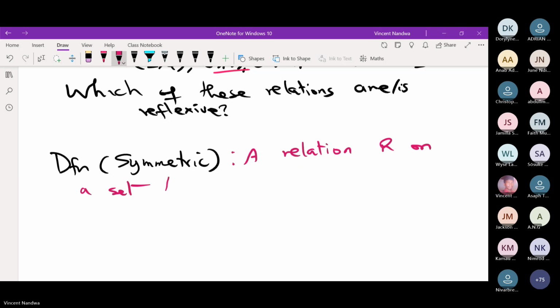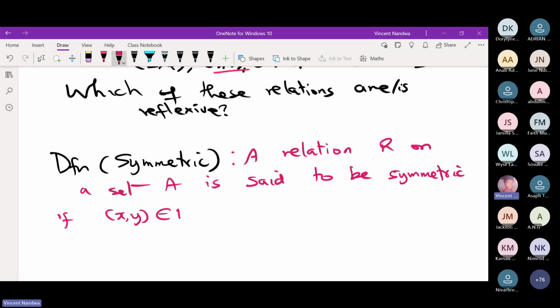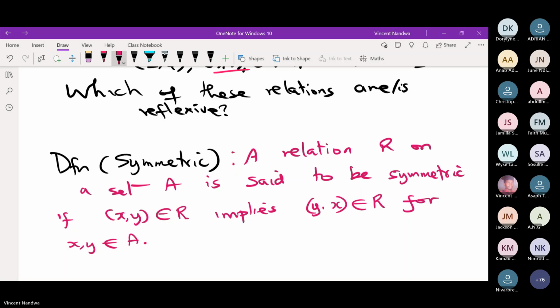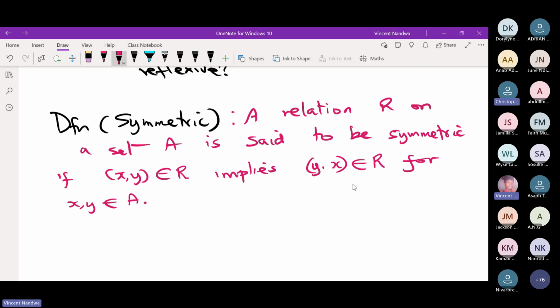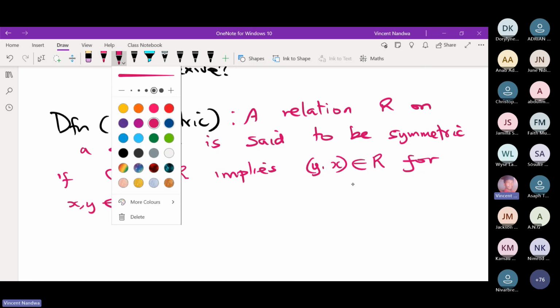A relation R on a set A is said to be symmetric if (x,y) in the relation implies (y,x) is in the same relation for any x, y in A. So if you see an element (x,y) in R, then it must also have an element (y,x), for all elements x, y taken from set A. Let me also define another type of relation before we give an example.